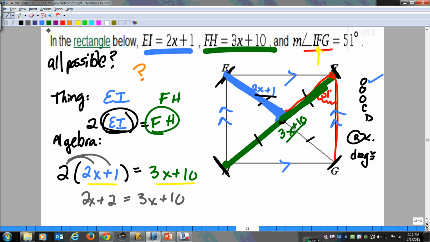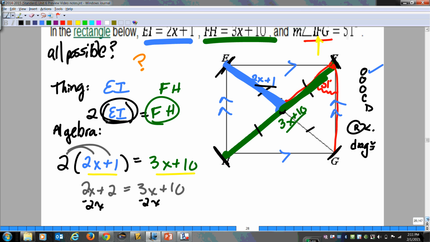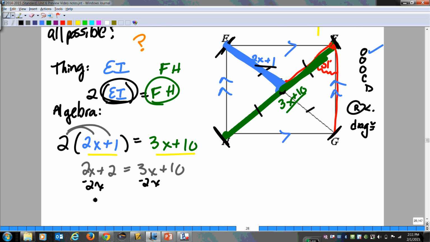As you can see, the algebra is relatively easy here. If we make sure we do our algebra correct to begin with, which 2 times 2, I didn't say that out loud, it is 4, my friends.